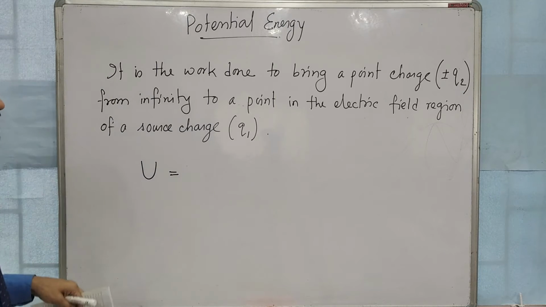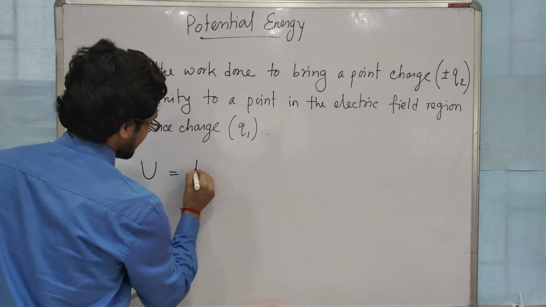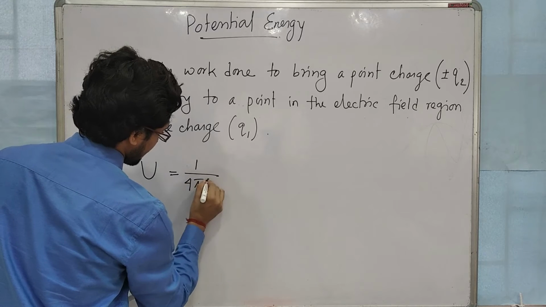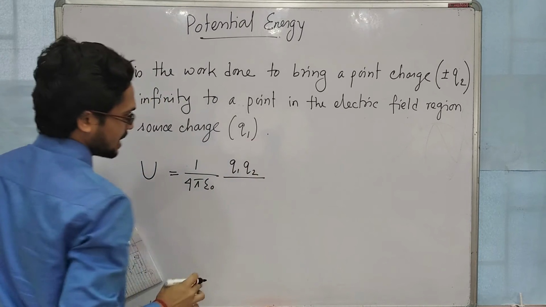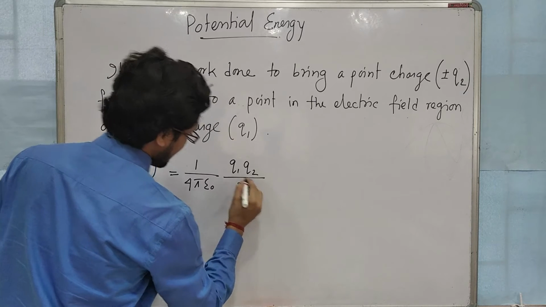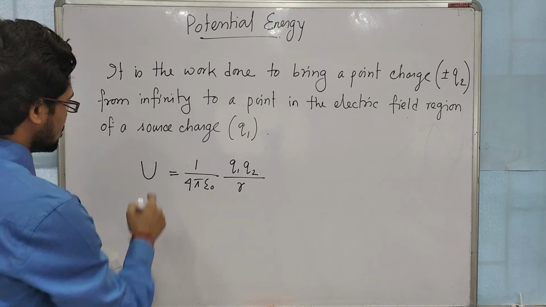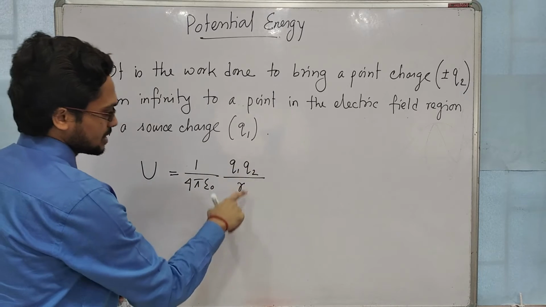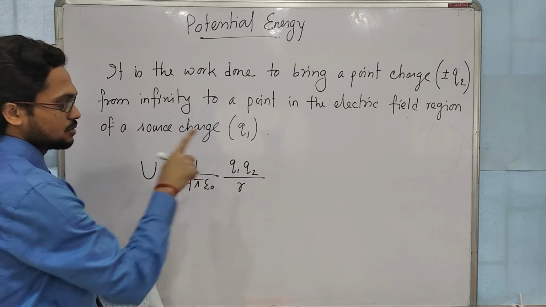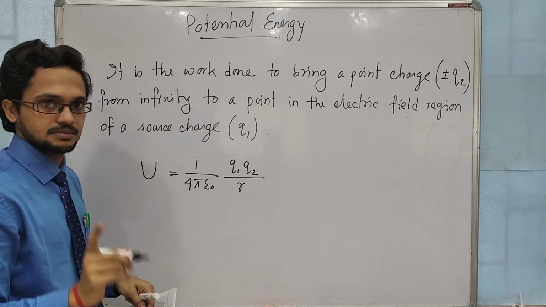So what will be its formula? Its formula will be U equal to 1 by 4 pi epsilon 0 Q1 Q2 by R. Here we have to consider positive negative sign.